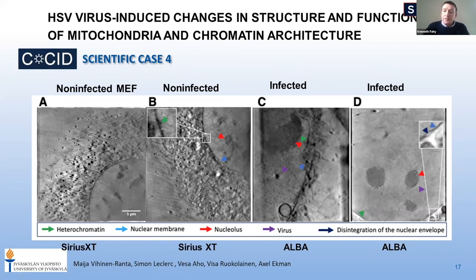Non-infected cells were imaged in the SXT100, while infected cells were imaged at ALBA. We now have herpes virus infected cells in-house, and these are the next steps for us to actually determine the structure of mitochondria during herpes virus infection.